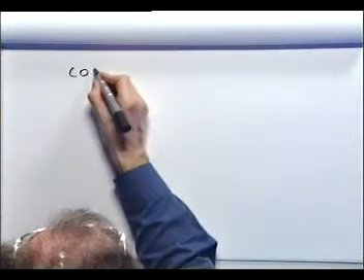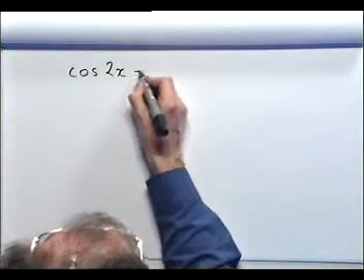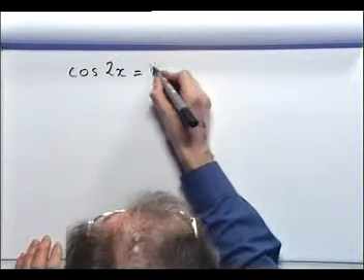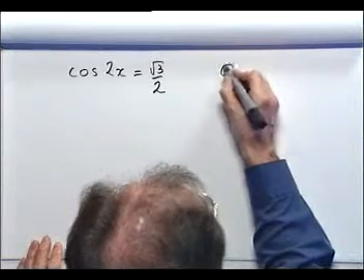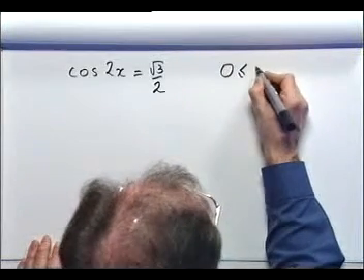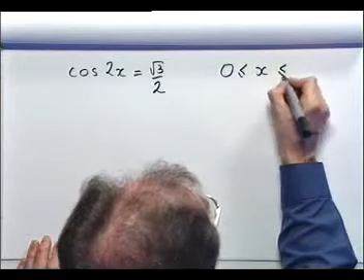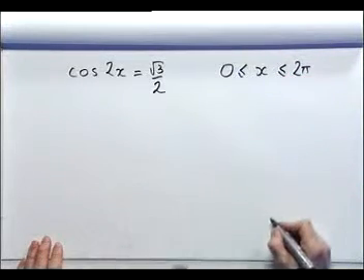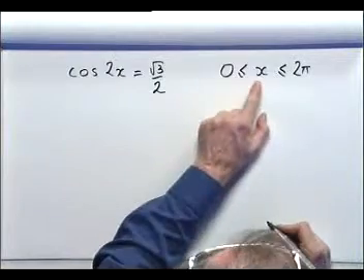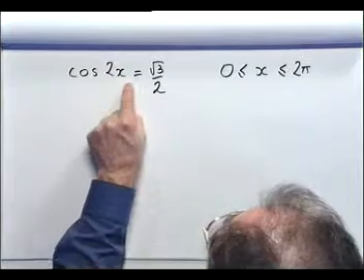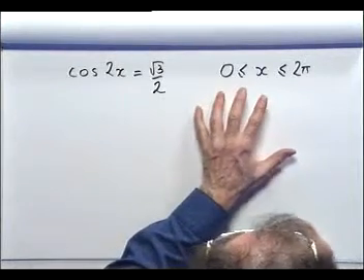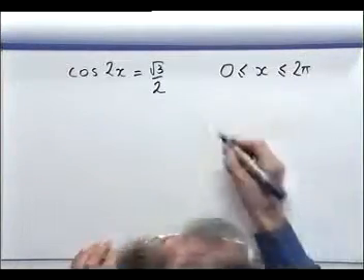Let's take one with a multiple angle. So we'll have a look at cos of 2x is equal to root 3 over 2. And we'll take x between 0 and 2 pi. Now, if x is between 0 and 2 pi, and we've got 2x, then that means that 2x can be between 0 and 4 pi.